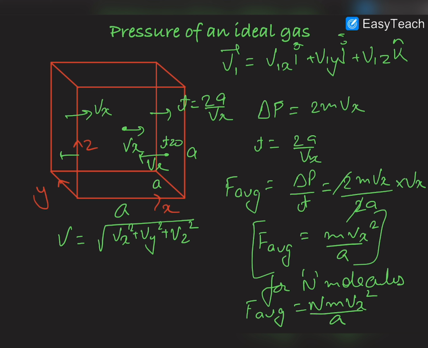Therefore the probability that the molecule will move with the same speed in all three directions is high. Therefore we can say that vx will be equal to vy will be equal to vz, and hence v will be equal to root 3 times vx, and from this we can say that vx is equal to v by root 3.